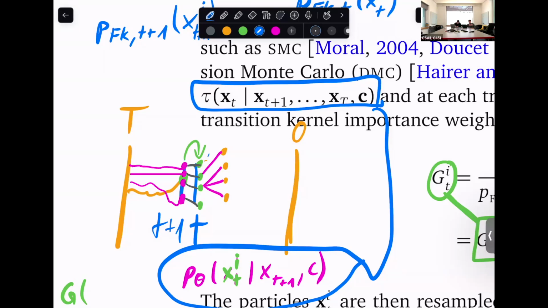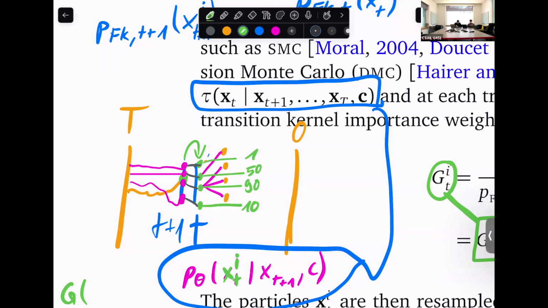So let's say our reward for this point was 10. For this point it was 90. For this point it was 50. And for this point it was 1.